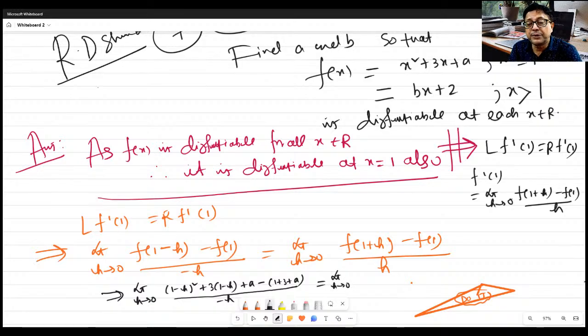For f(1+h), you have to take this part, and f(1) that part only. Is that clear? Just simplify it in the next step.